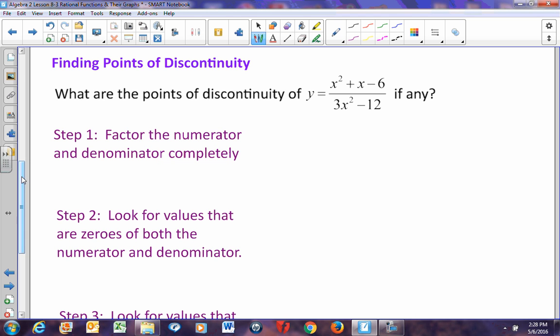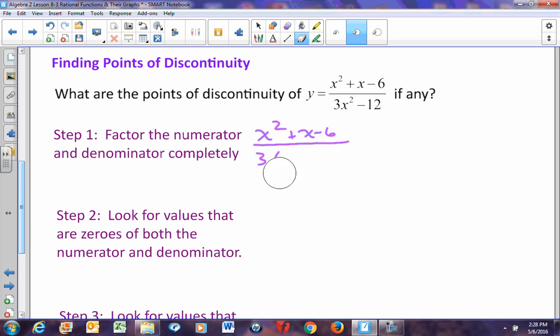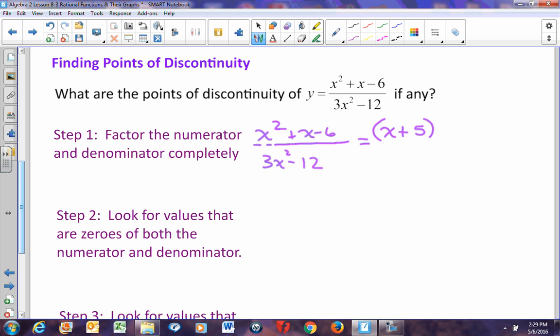If I look at my numerator, I have x squared plus x minus 6. To factor it, I need two numbers that multiply together to get negative 6 and add together to get positive 1.